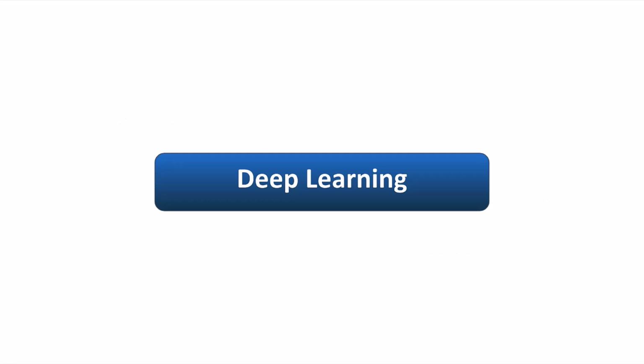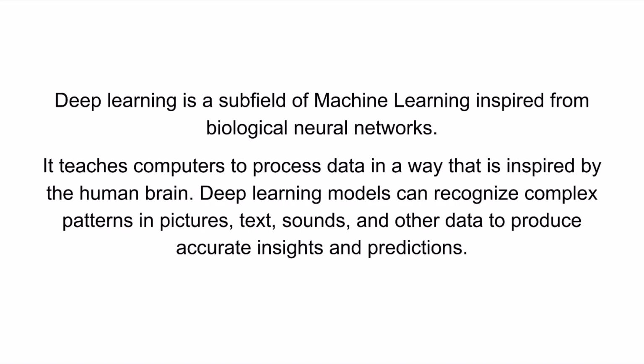Welcome to this lecture. In this lecture, we are going to learn about deep learning and artificial neural networks. So let's start. Deep learning is a subfield of machine learning inspired from biological neural networks. So it teaches computers to process data in a way that is inspired by the human brain.